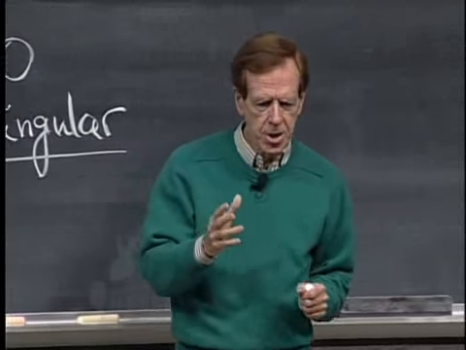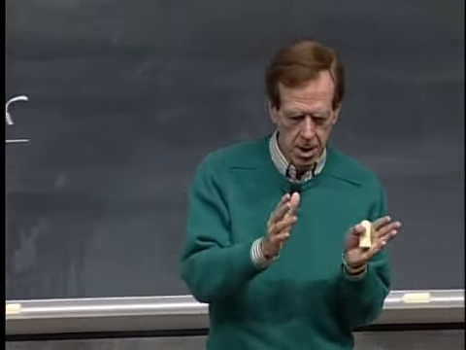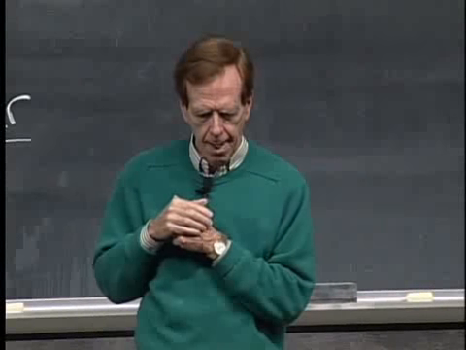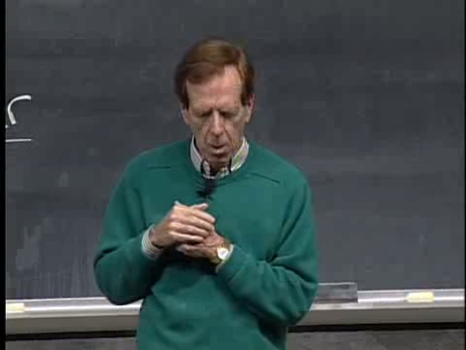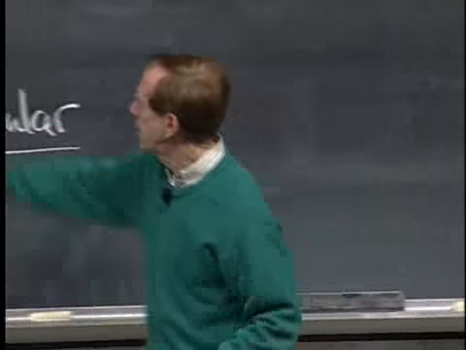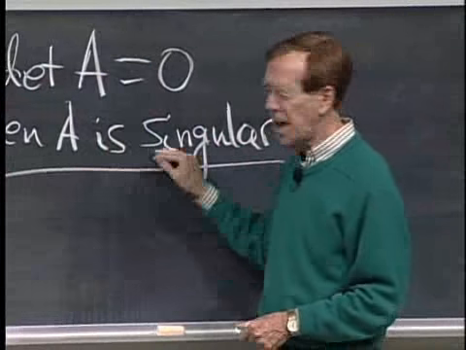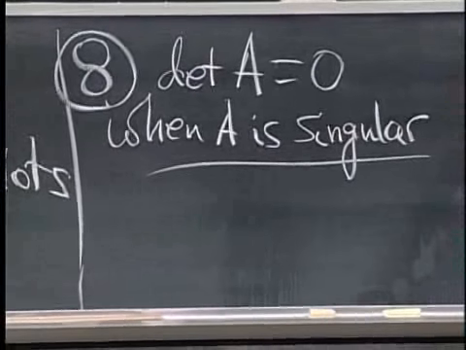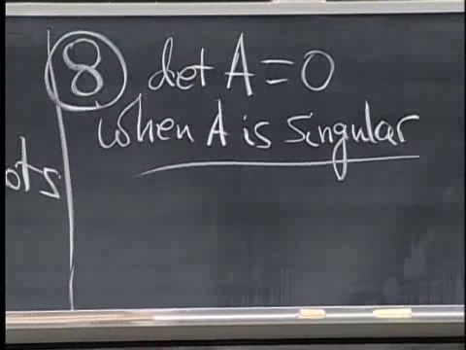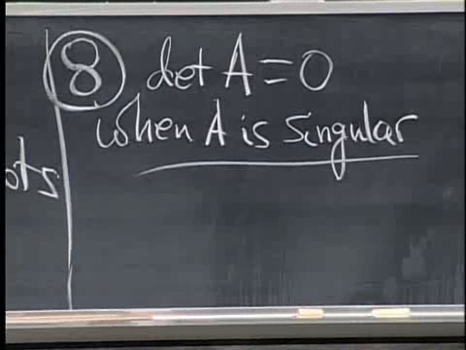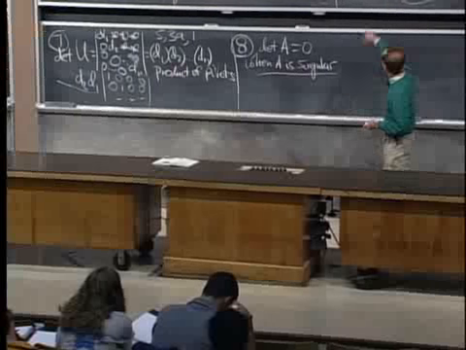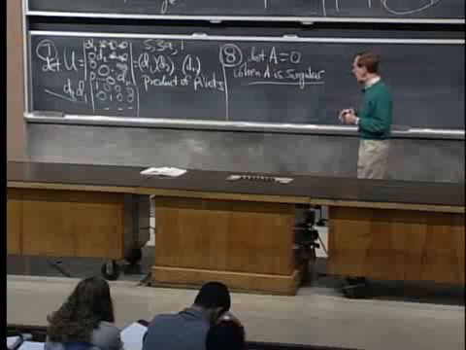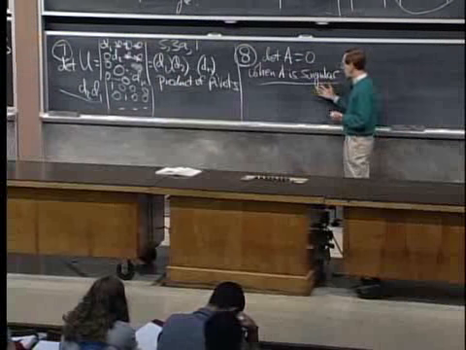By elimination, I can go from the original A to U. Now suppose the matrix is singular. If the matrix is singular, what happens? Then by elimination, I get a row of zeros. And therefore, the determinant is 0. And if the matrix is not singular, I don't get 0.